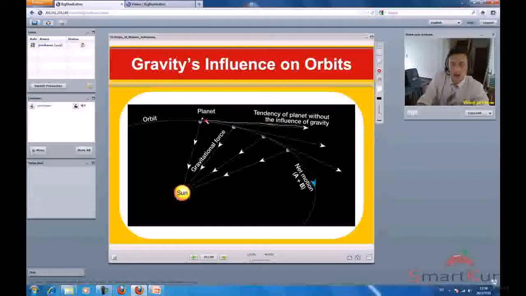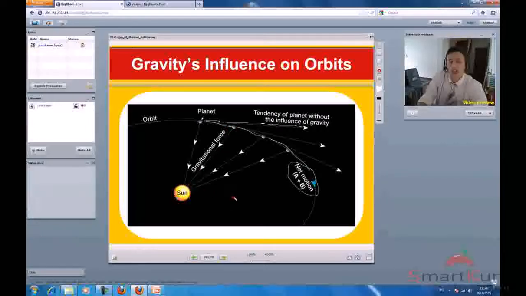But that straight line here that goes out to the right shows you the tendency of the planet without the influence of gravity. So that's the planet's momentum. This is the path that the planet would take without gravity.